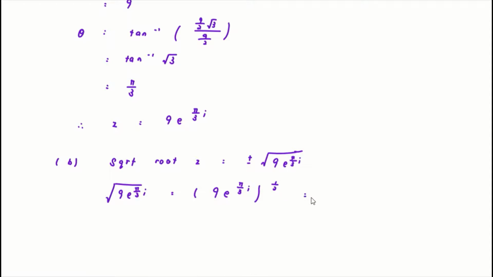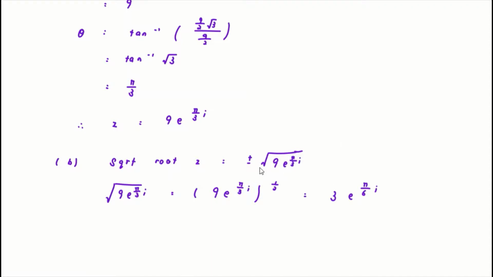So when you reach here, you should be able to continue to solve it, because the square root of 9, you can get 3. Then for this term, you just multiply the exponent by one half. So you can get e to the power of pi over 6 i. Okay, so this will give you the first answer.